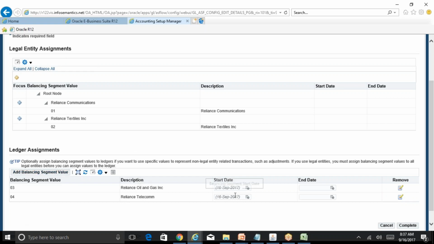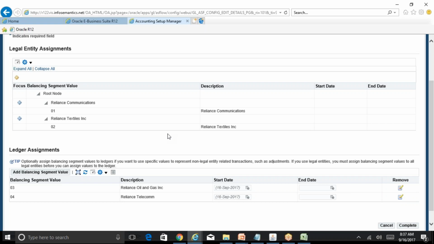Just to summarize, from this screen we understand that 1 and 2 will have subledger accounting, and 3 and 4 will not have any subledgers below them, as far as the INR ledger is concerned.